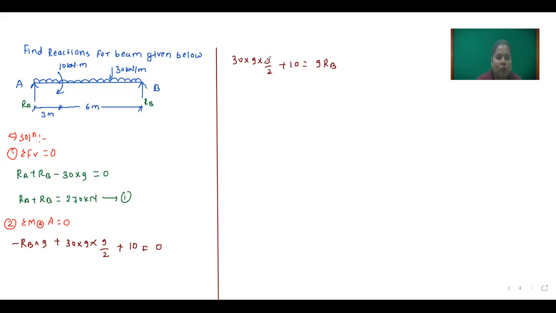So 30 into 9 by 2 plus 10 equals how much? Calculate and tell me the value of this.